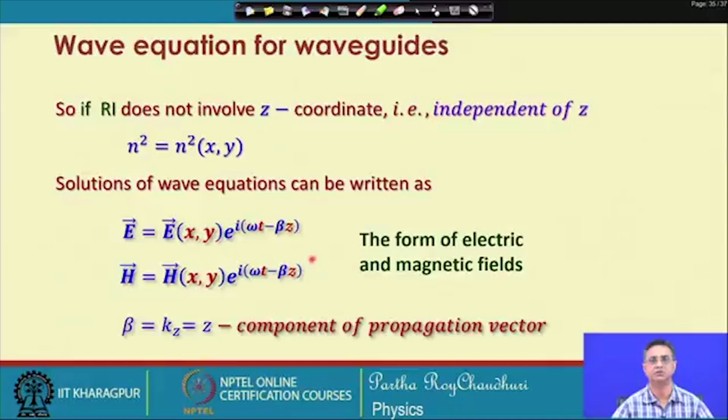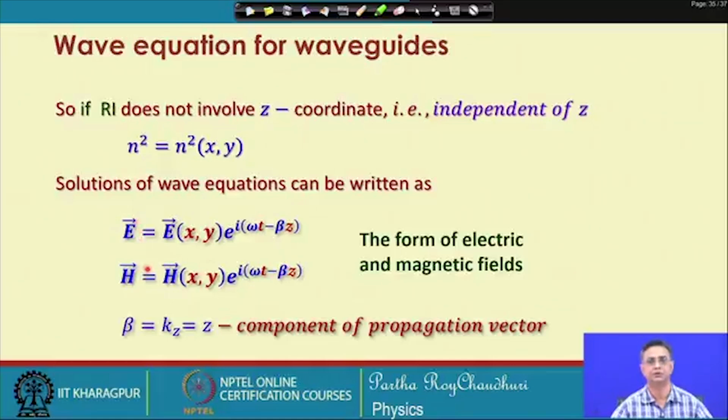So, they appear in this form, but x and y part remains together in the amplitude of the electric field. So, it is the amplitude of the electric field which is a consequence of the refractive index distribution across the waveguide.